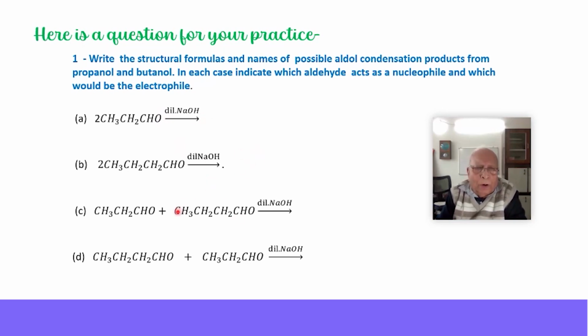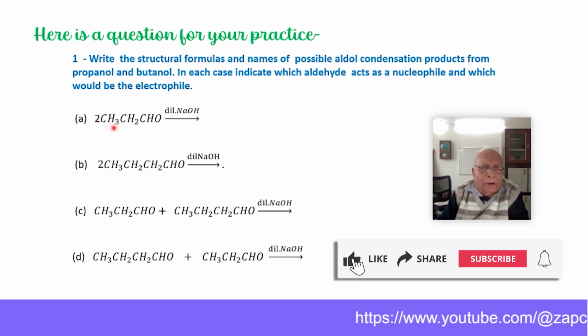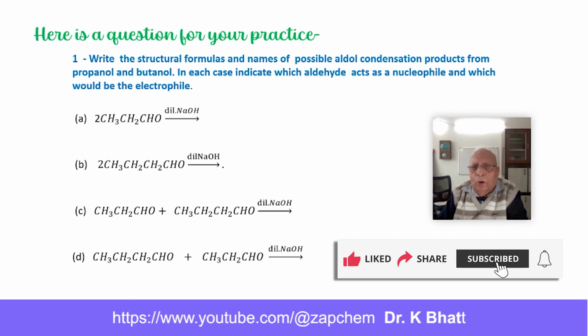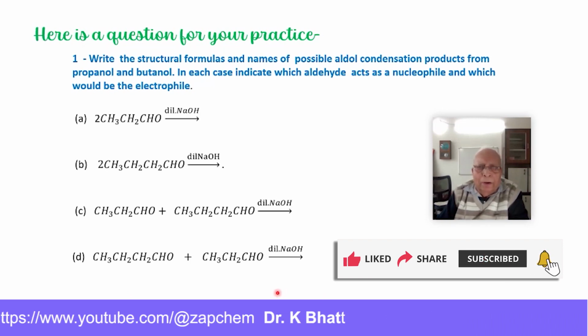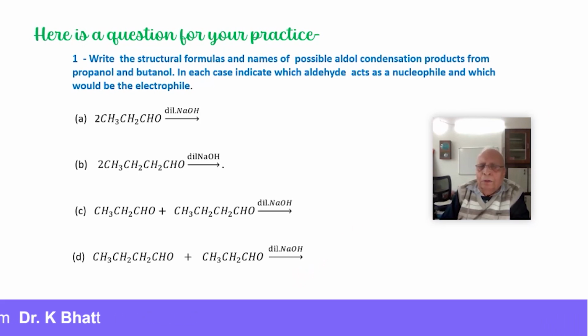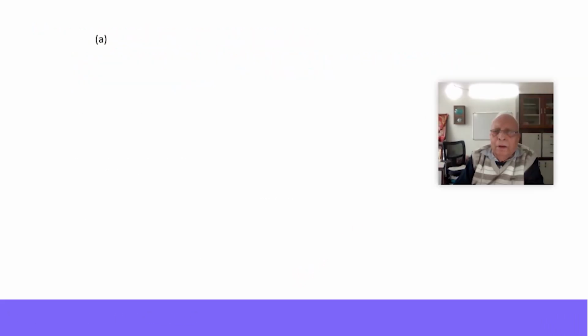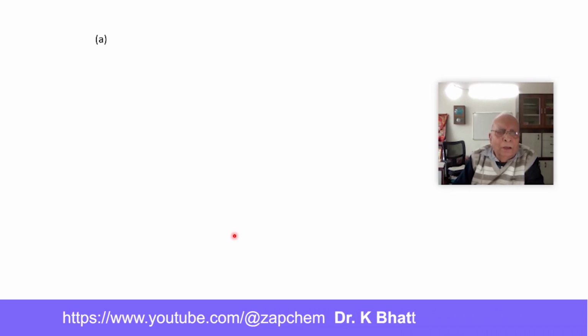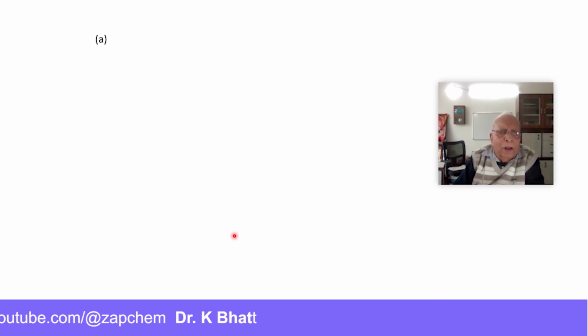You have to make out. Similarly, what will be the product of cross aldol condensation between these 2 molecules? You have to find out. Please go through it and try to solve yourself, and we shall let you know a little later what the products are, what the substances obtained, the aldol products, are. Okay, you find it out here.